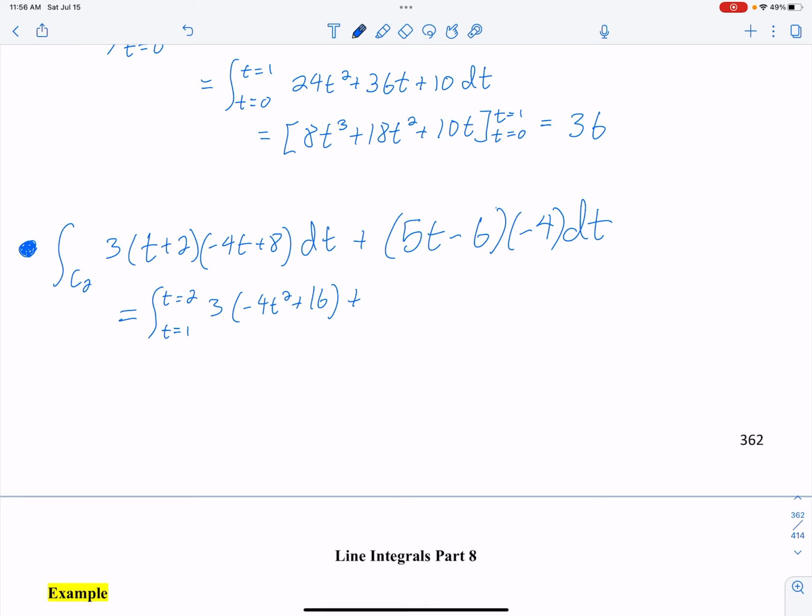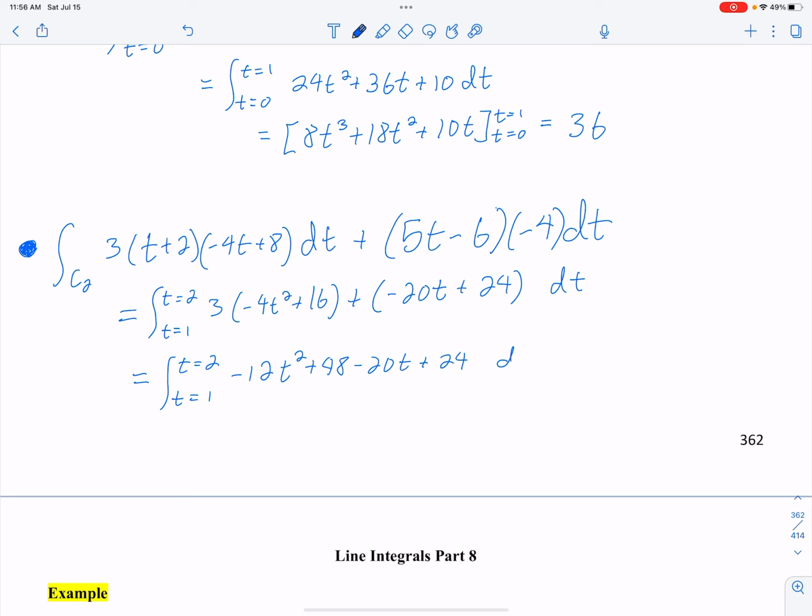Plus, I'll do this too: negative 20t plus 24, and all that's dt. I'm going to combine like terms now. After I multiplied, negative 12t squared plus 48 minus 20t plus 24 dt.